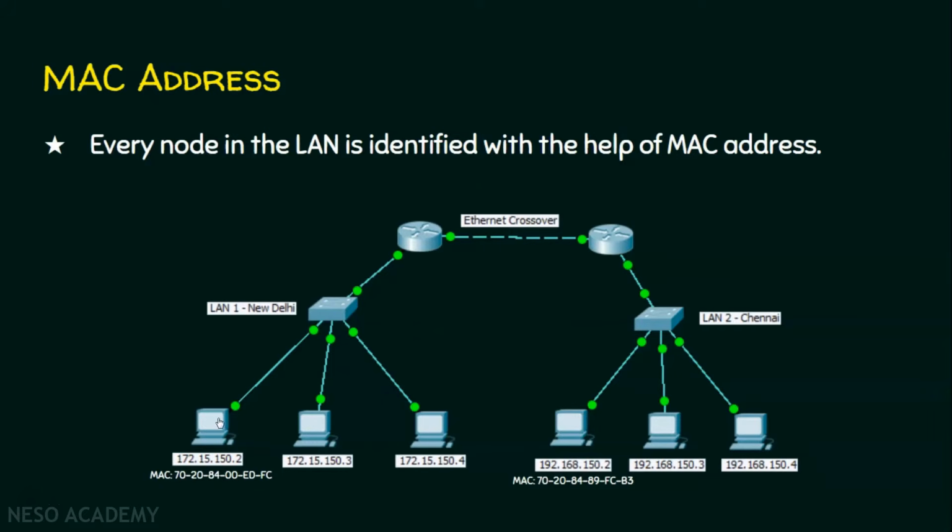When any data is sent from any source to the destination, the switch takes the decision based on the MAC address and the router takes the decision based on the IP address. Every switch maintains a MAC address table so that it knows which computer has that corresponding MAC address and to which computer it has to forward. In a local area network, we need MAC address in order to send the data to the right destination.